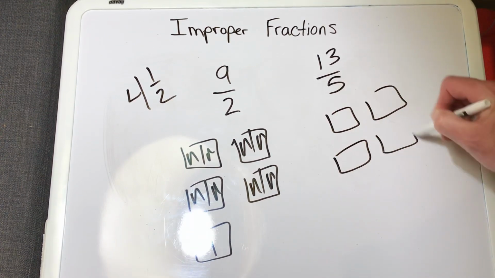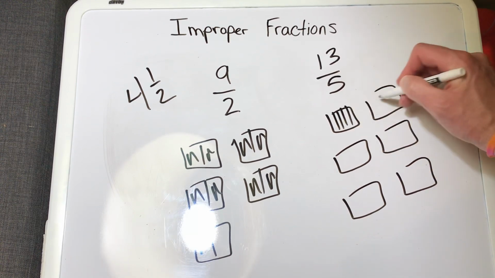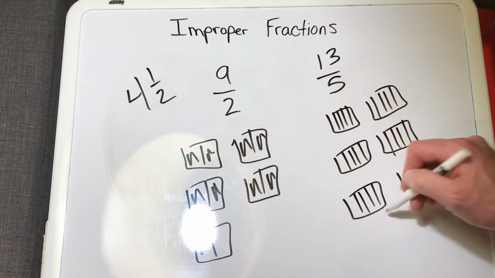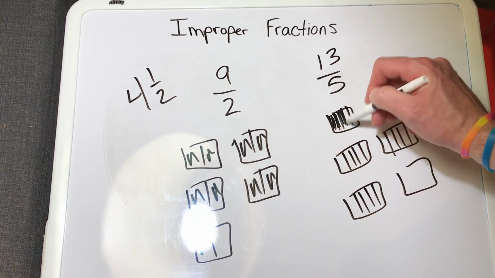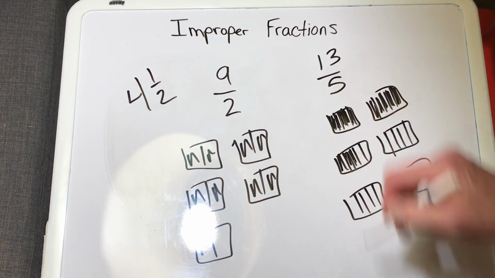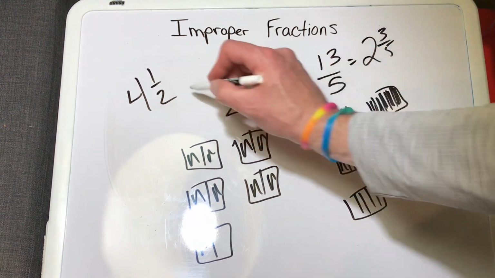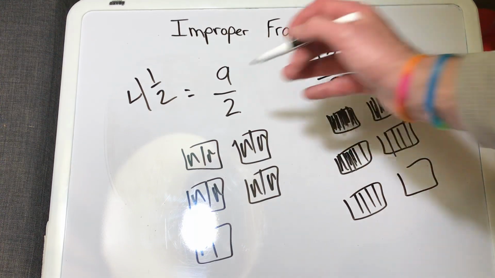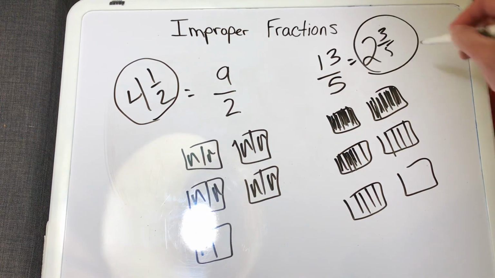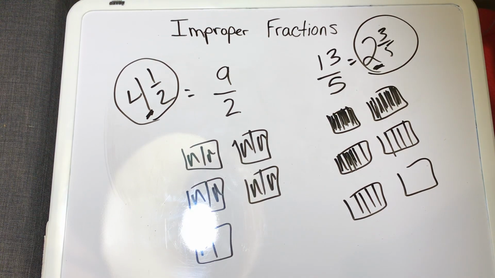We can draw this out again if we want to, split these all into fifths, and color in 13 of them. 1, 2, 3, 4, 5, 6, 7, 8, 9, 10, 11, 12, 13. So that was 2 wholes and 3/5. So if I'm looking at this, I know that 9/2 is always going to be bigger than 13/5 because that's 4 whole chocolate bars, and this is only 2 whole chocolate bars.